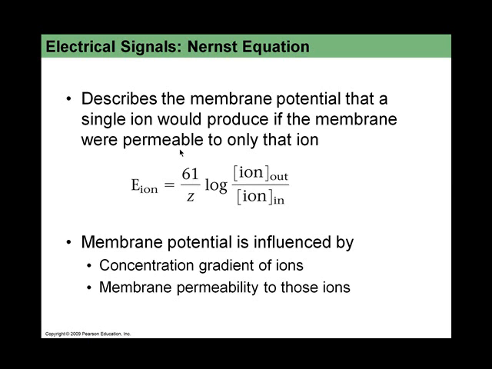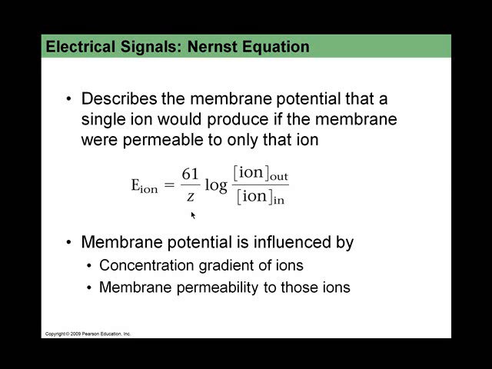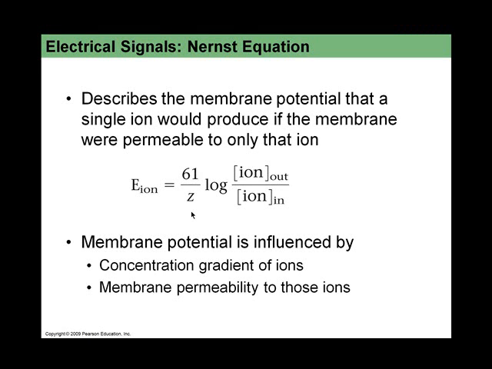So what would happen if you could make a membrane completely permeable to one ion only, and you tracked the membrane potential? You say you started at one point and then you let it go, and you could track it and see the change over time, and then you reach the end point. What would it be at the end point? That's what this formula will predict or calculate for you.